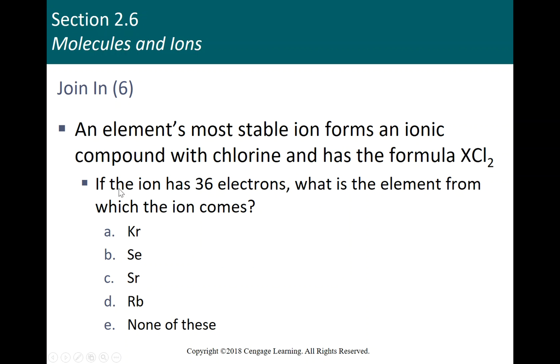Now we can go on down here. If the ion has 36 electrons, so it's a +2, that means it needs to have 2 more protons than electrons to be a +2. So if it has 36 electrons, adding 2 gives me 38 protons.